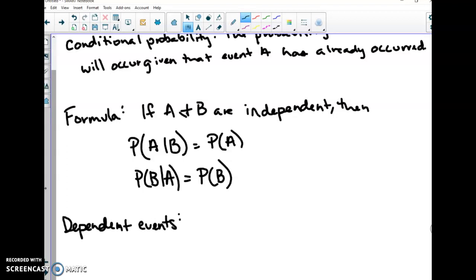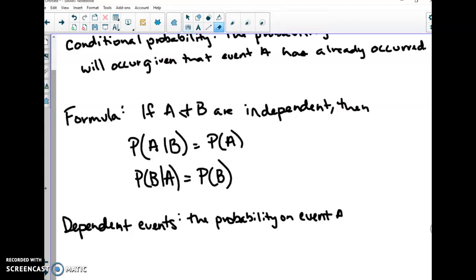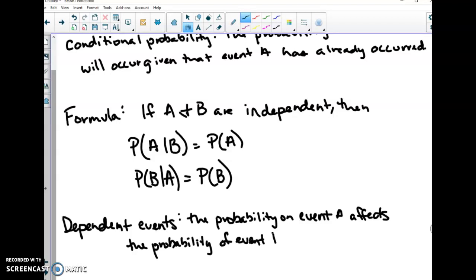The definition of a dependent event is any event that's not independent, technically, but this is where the probability of event A affects the probability of event B. So like I said, in that card example, I took a card, I kept it, and that is now changing my selection of a second card because I've already kept that card.